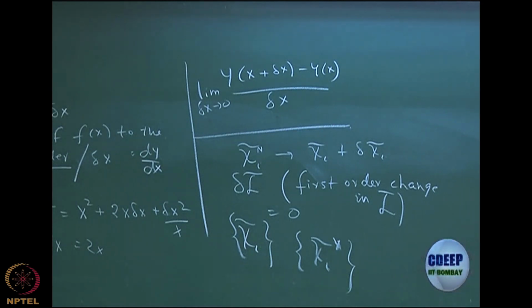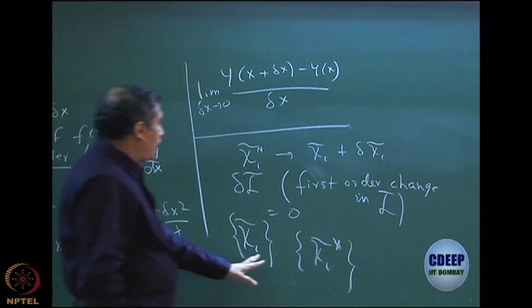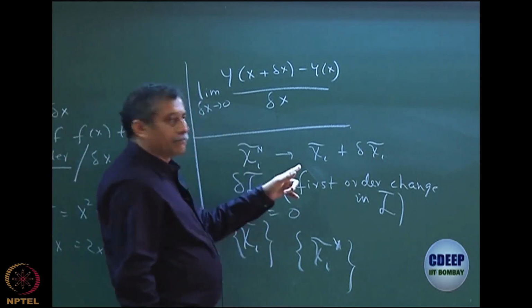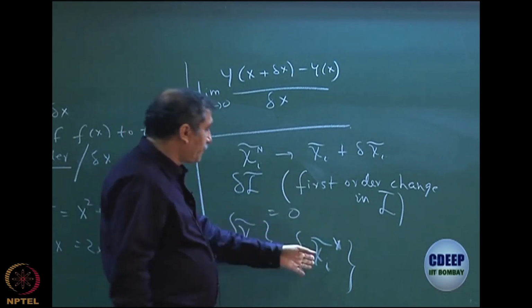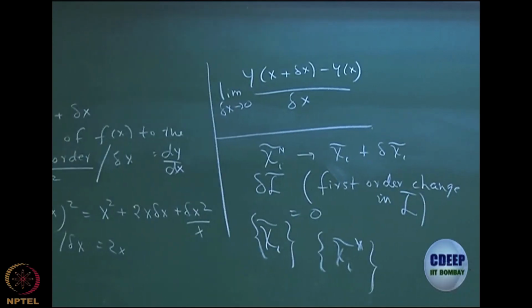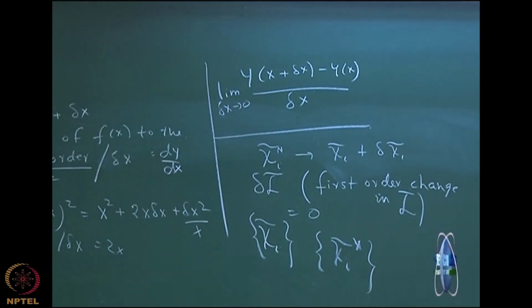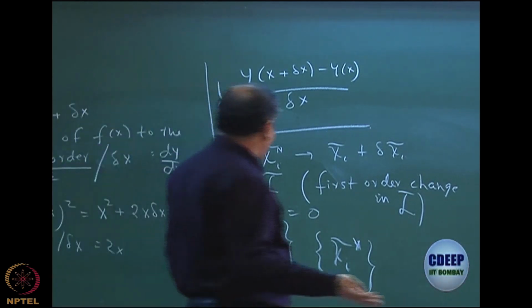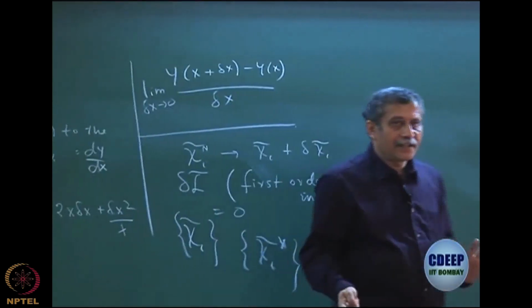The answer is no. Because they are complex conjugates, I can only change one of them. Let's say the complex conjugate of the chi, the left one, and then find out what is delta L tilde and make it equal to 0. Because the other one will be simply the complex conjugate of that. So I don't need to do it twice. So I can only change the chi tilde on the left side.